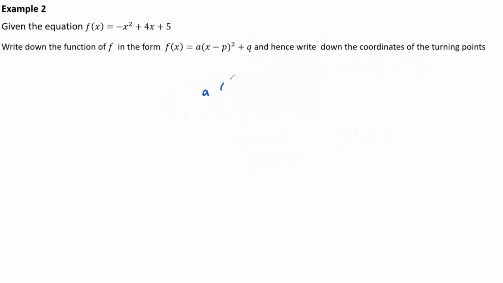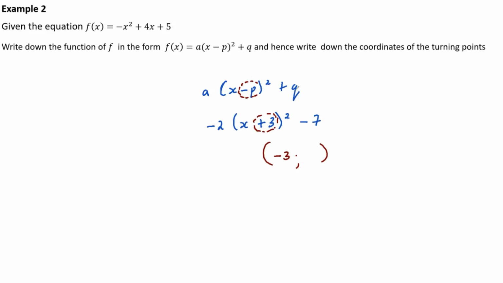If I say this will be the standard format of the turning point, and I put x plus 3 squared minus 7, and somebody says write down the coordinates of the turning point, check: minus p is equal to +3, so that means p is equal to -3.